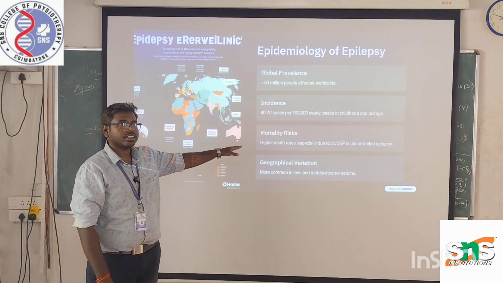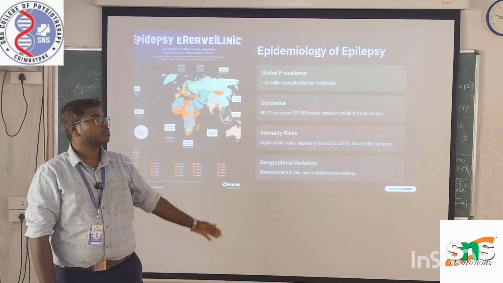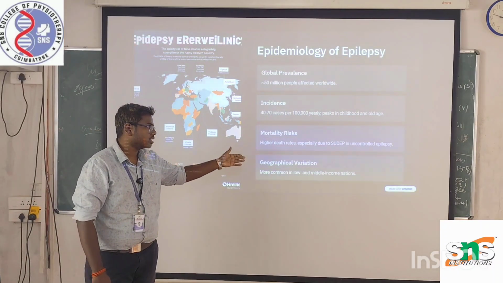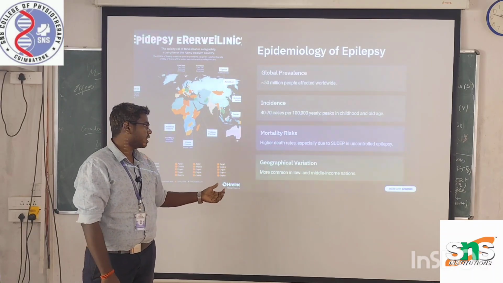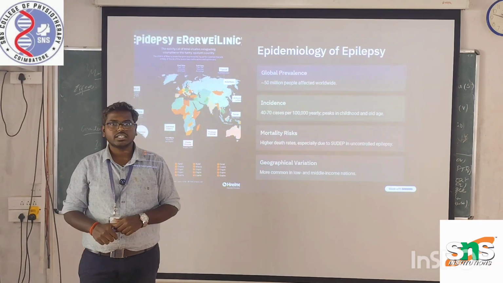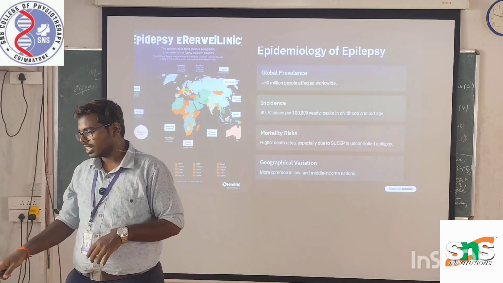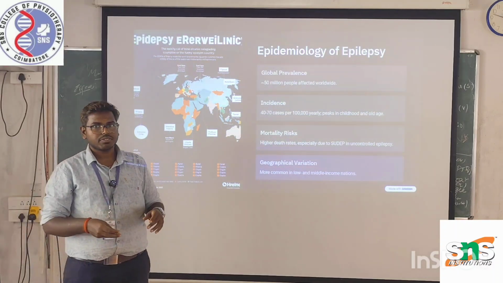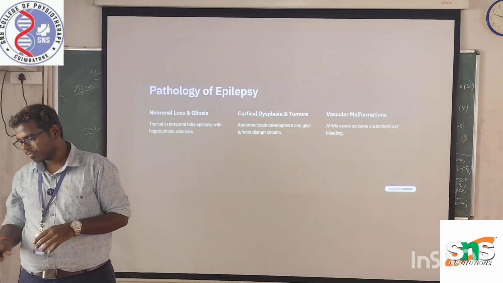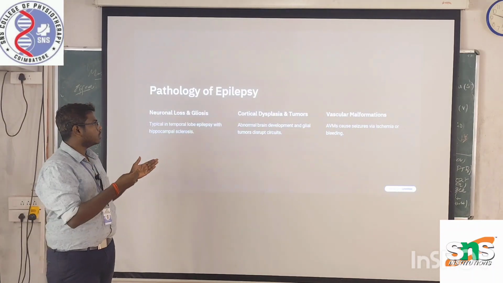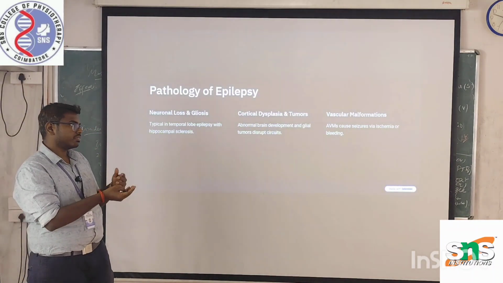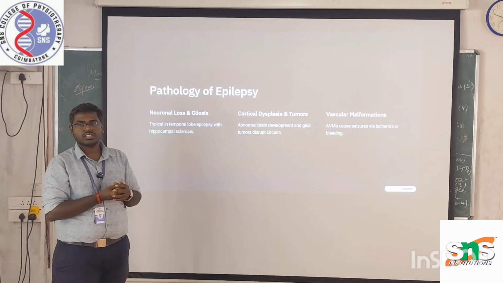The mortality rate for a person with epilepsy is also high, and geographical variations show it is more common in low and middle income countries, which are majorly affected by epilepsy.